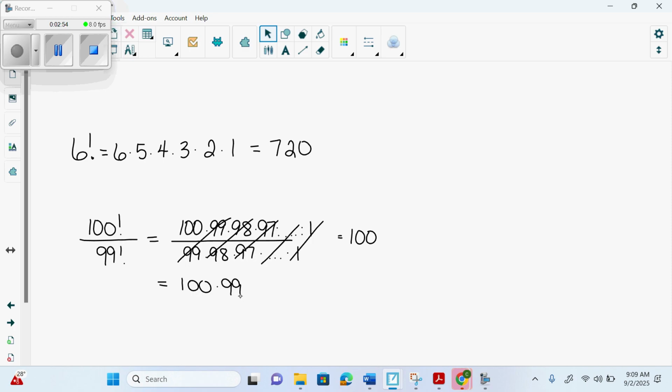How could I represent 99 all the way to 1 in a better way? 99 factorial, correct? Do we agree? And then on the bottom I have 99 factorial, cancel, cancel, and I'm left with 100. Yeah?